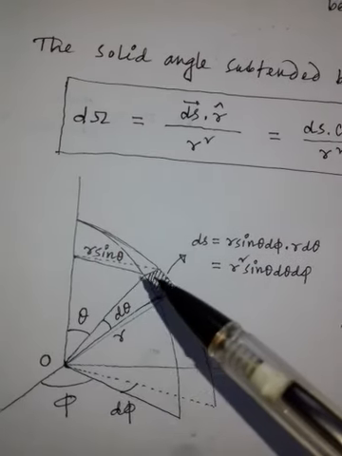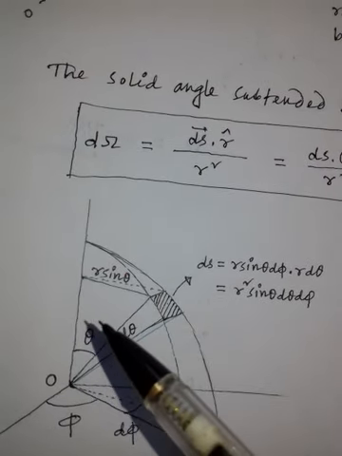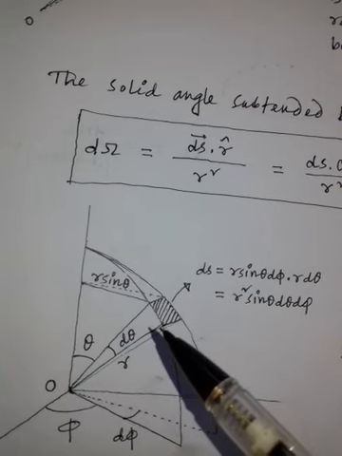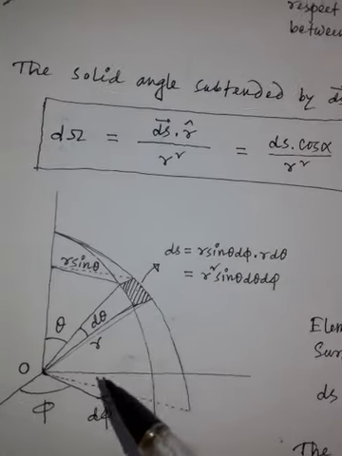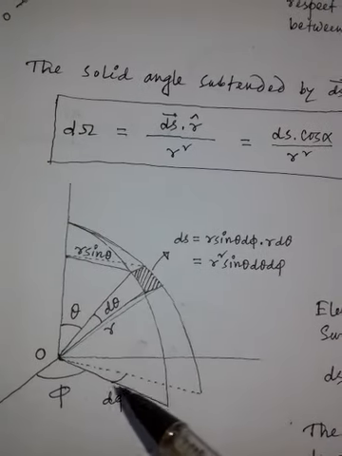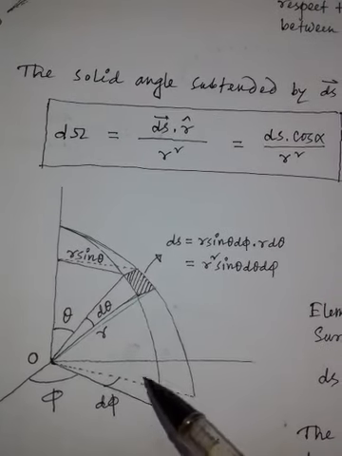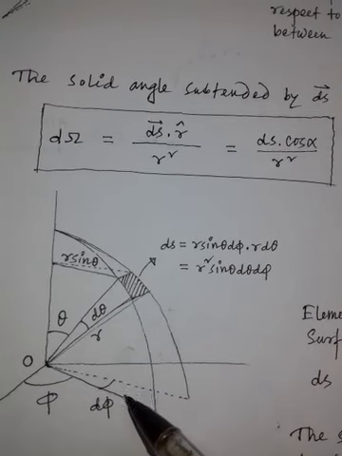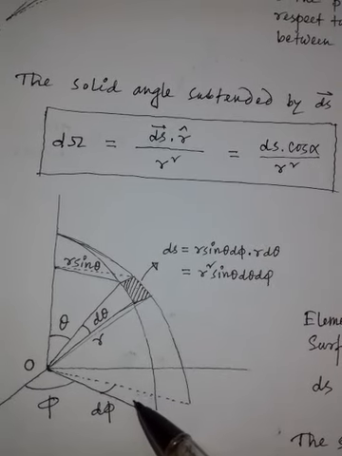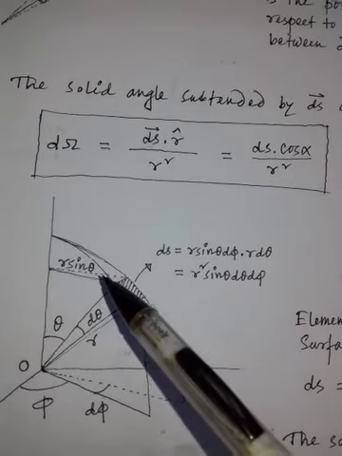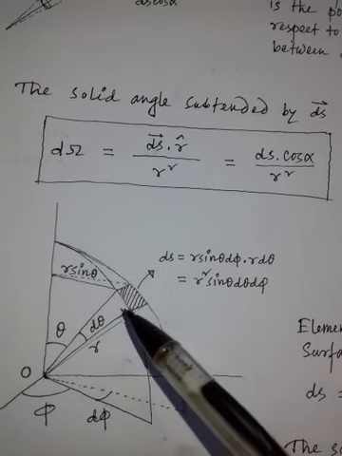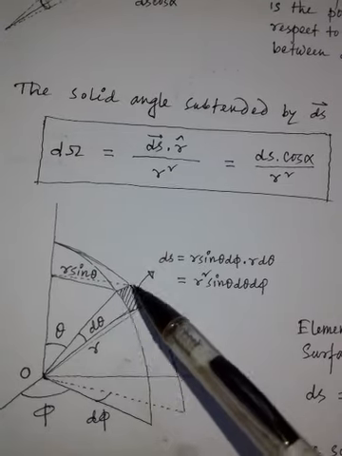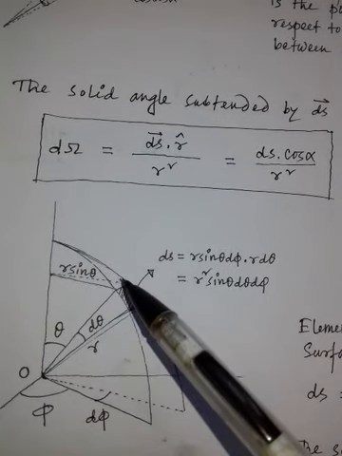We have taken ds within polar angle theta to theta plus d theta, that is within elementary polar angle d theta, and within azimuthal angle phi to phi plus d phi, that is this one is the elementary azimuthal angle. If this is d phi, then this angle also is d phi. So this arc length would be r d theta and this arc length would be r sin theta d phi.